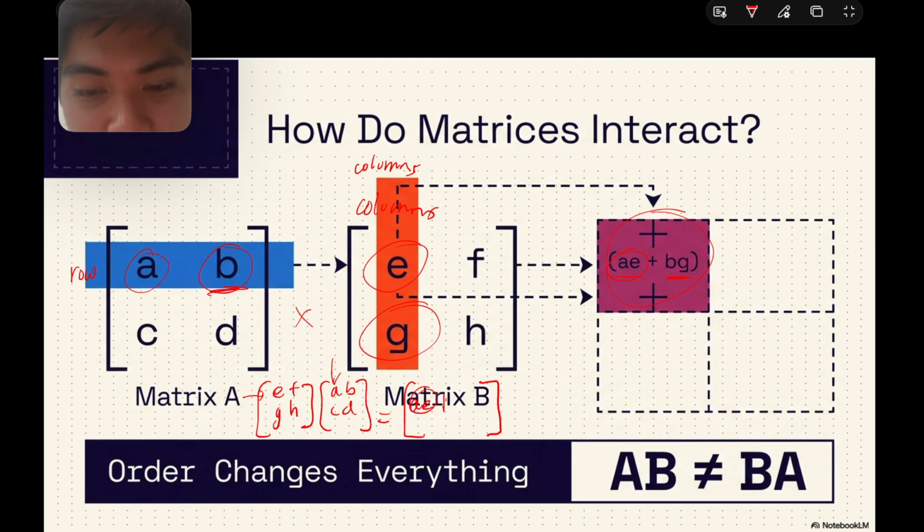But we're going to be adding F and C, not BG. FC is not equal to BG, or it might not be. All in all, we have different values that we're multiplying, and that's why order does matter, because we'll probably have different answers if we swap the order.